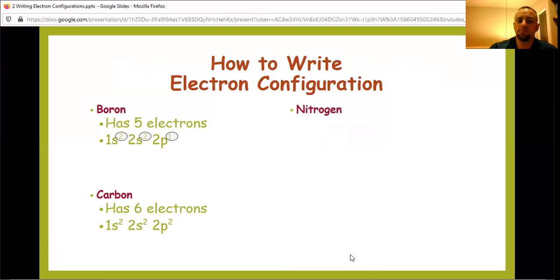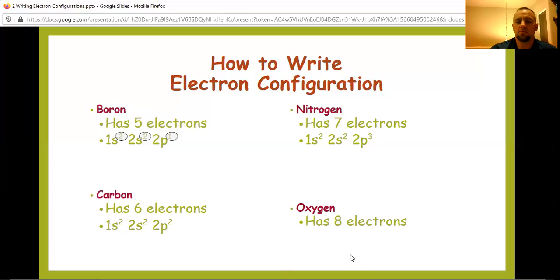And we fill in the previous electron configuration orbital groups for that. Okay, nitrogen has 7 electrons, 1s2, 2s2, 2p3. Okay, oxygen has 8 electrons. And so we add 1 more electron to that 2p orbital to get 1s2, 2s2, 2p4.